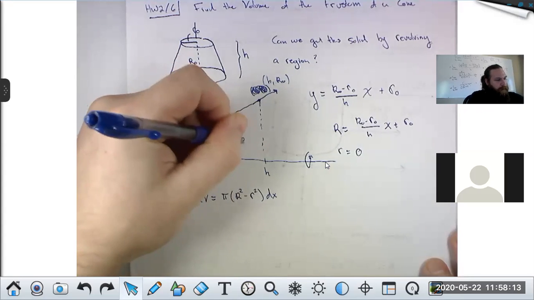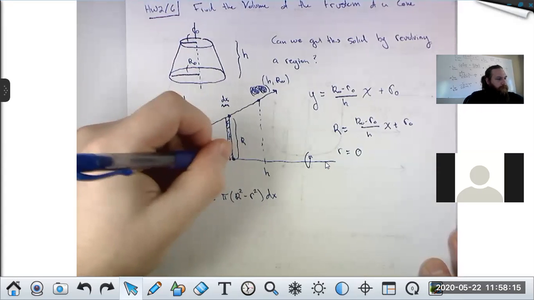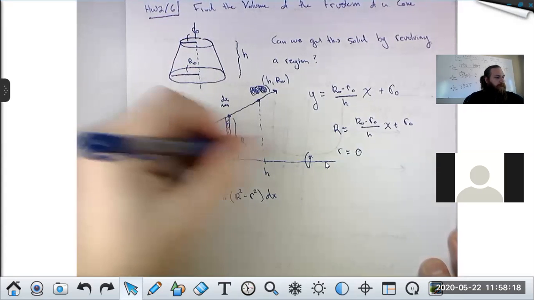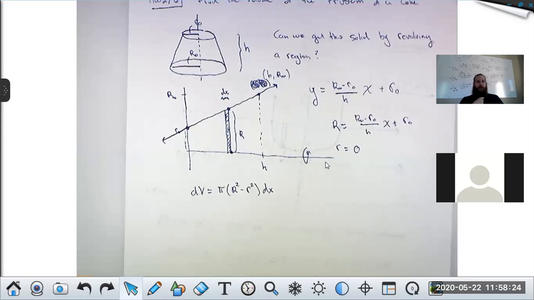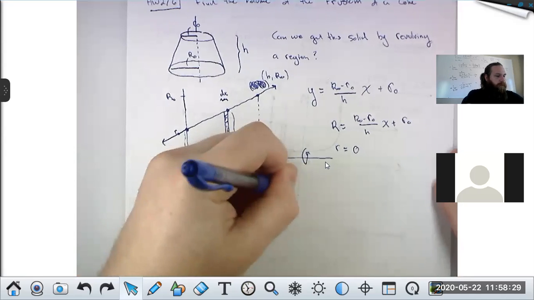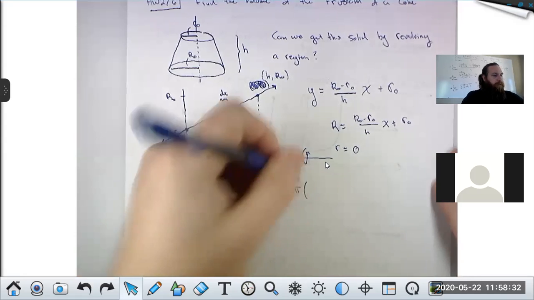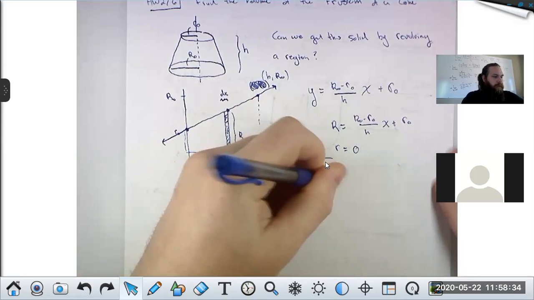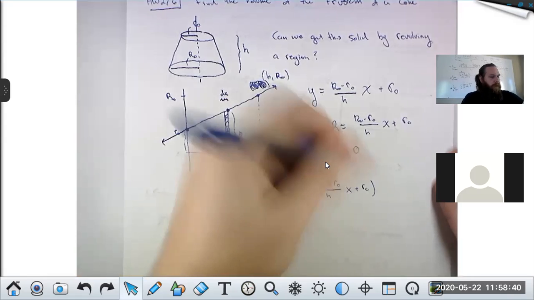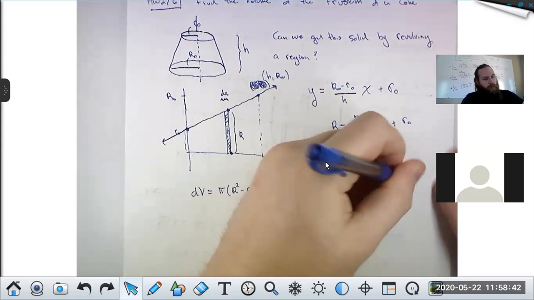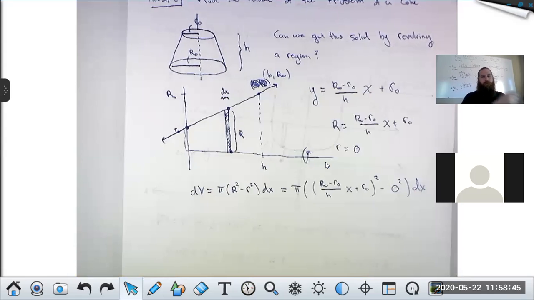In the graph, this is my big R. And little r would be the distance from the nearer end of the strip to the axis of rotation, but here the strip extends all the way to the axis of rotation, so little r is 0. So this is pi times big R naught minus little r naught over h times x plus little r naught, all squared, minus 0 squared, dx. Which means that in order to get the volume out, I'm going to have to integrate that.